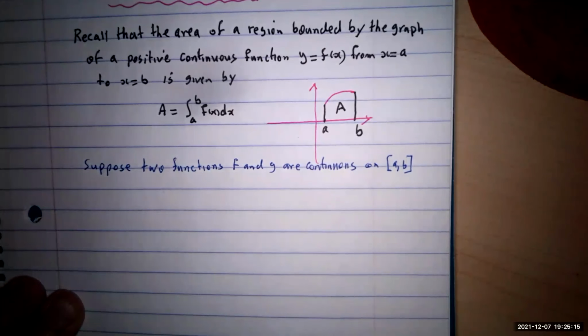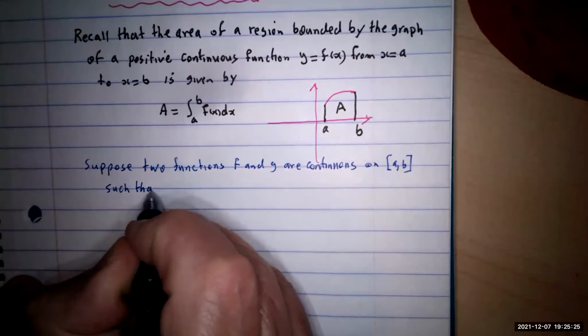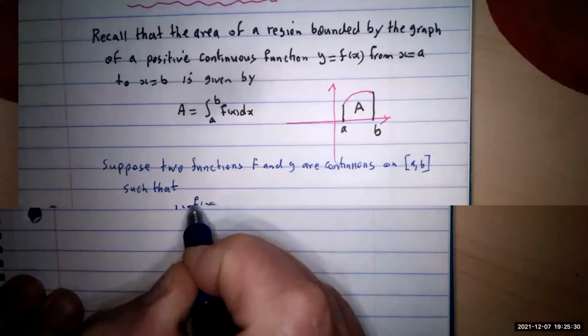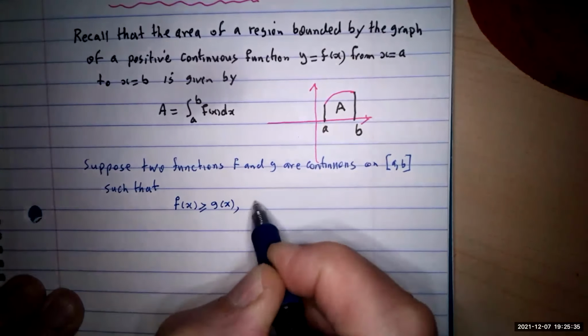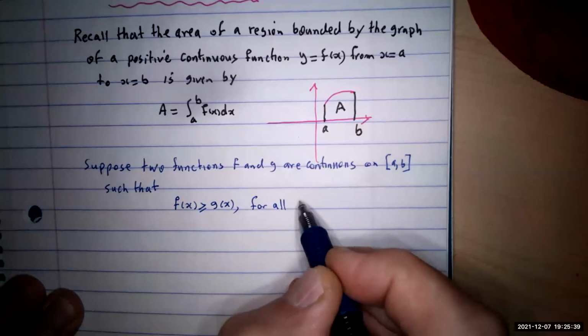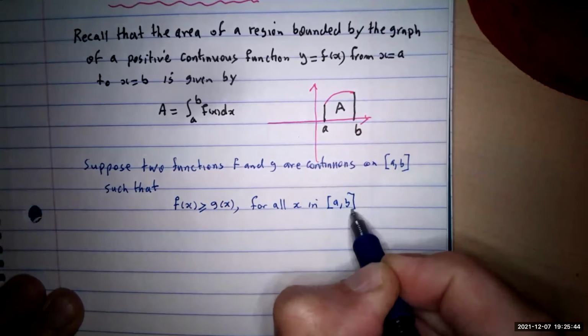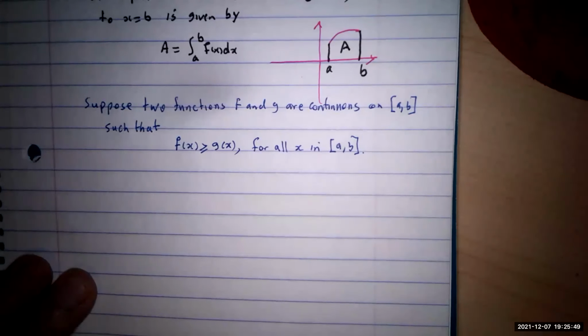You have to identify which one is going to be on top. Suppose f of x is the top function, greater than or equal to g of x for all x in the interval a, b. So this is the situation that we are going to have.